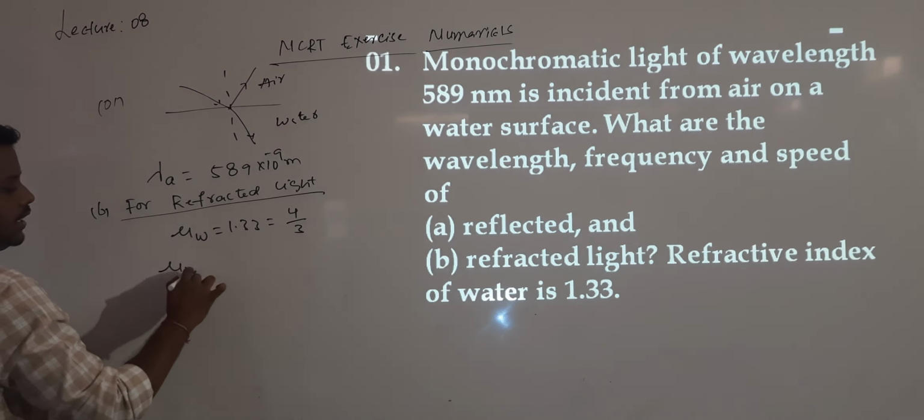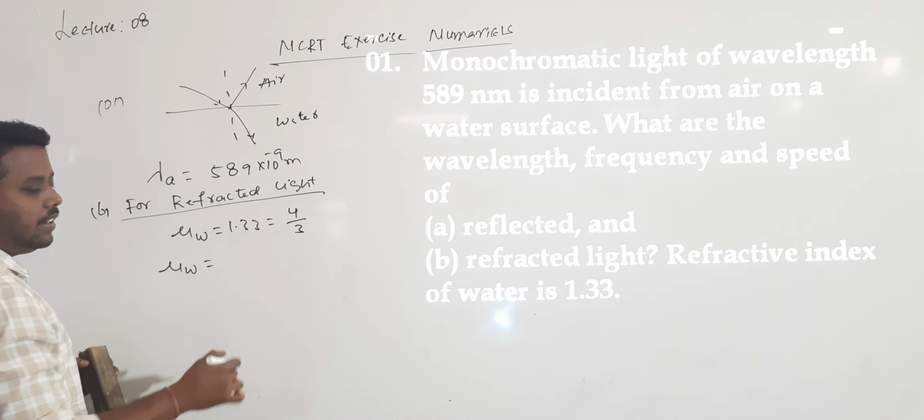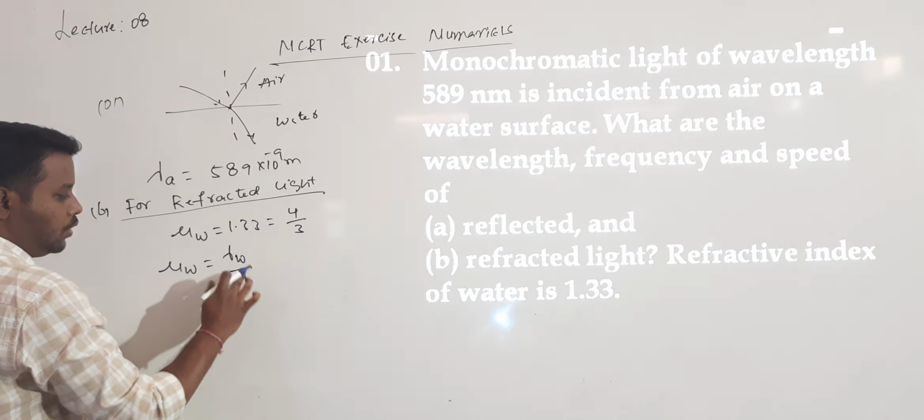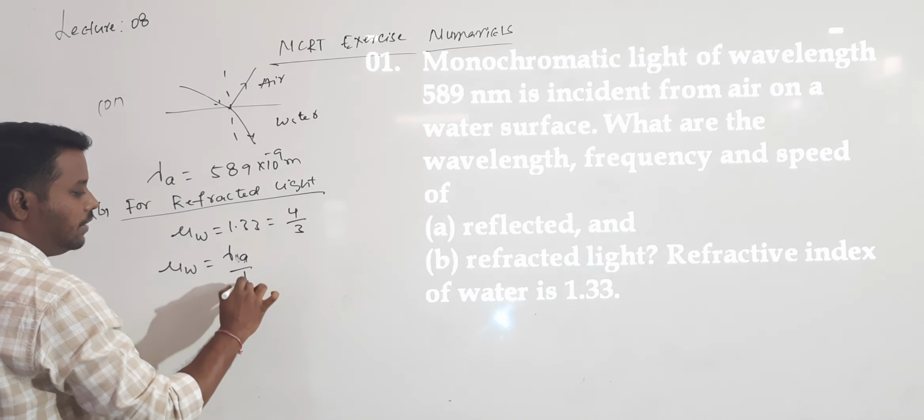Refractive index is inversely proportional to wavelength. So refractive index is equal to wavelength in air divided by wavelength in water.